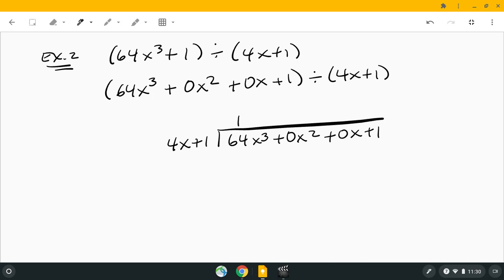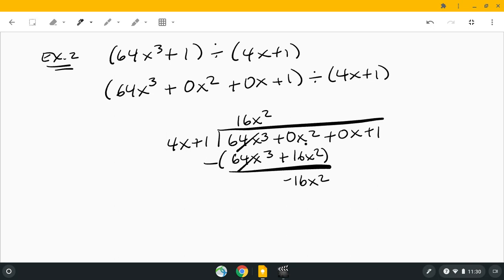That would be 16x squared. And then now distributing to all of it, 16x squared times both of these will give me 64x cubed plus 16x squared. Okay, subtract. These cancel out. I'm left with negative 16x squared.